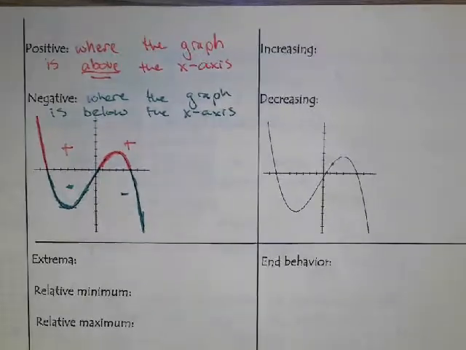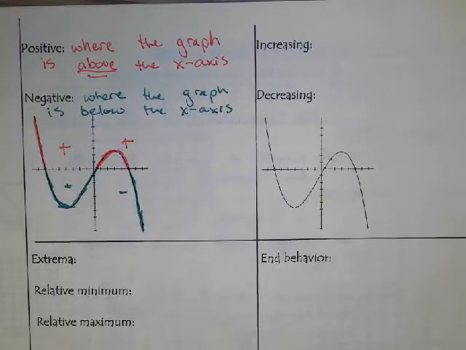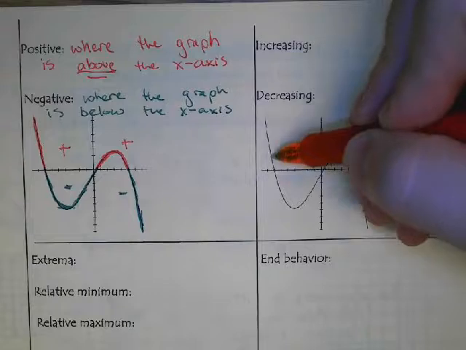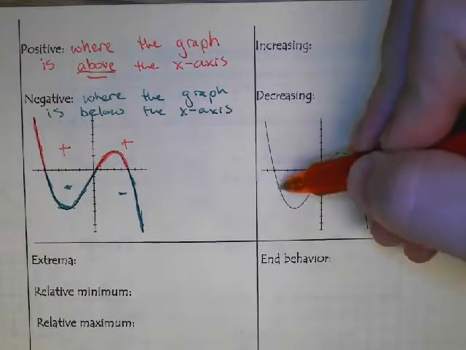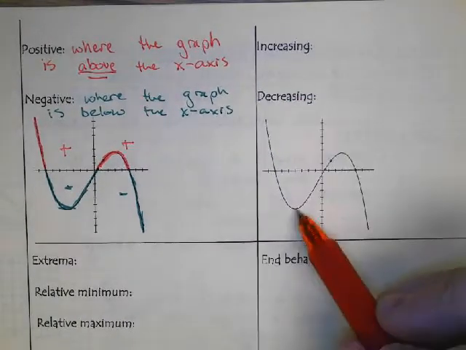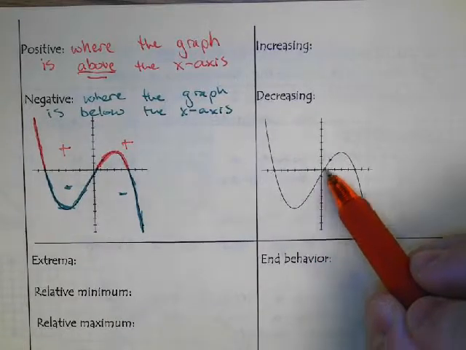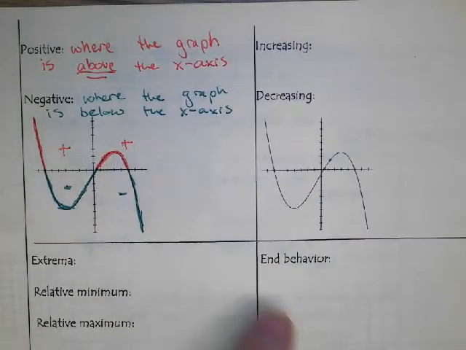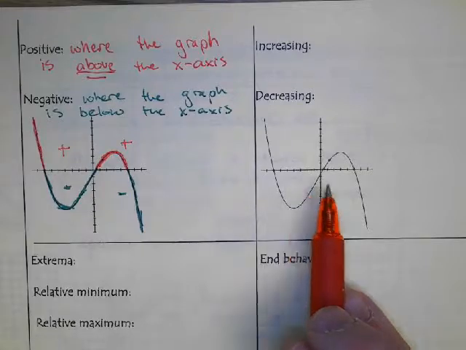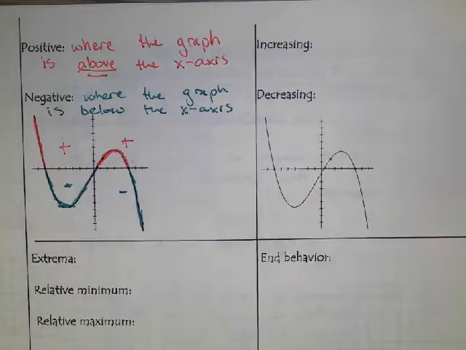Now increasing and decreasing is just as you read it from left to right. Think of it like a roller coaster. I'm going down, following the roller coaster, so I'm decreasing. Then I get to this bottom point, then I turn up and I start going up, so I'm increasing. So as we read it from left to right, is it going down or is it going up?